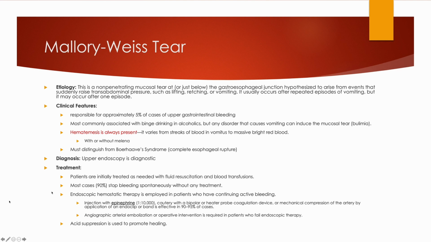So the most important thing you would do is always start with fluid resuscitation and start evaluating the patient before you start jumping to conclusions. Usually after we know that they have it, we put them on acid suppression like a PPI to help promote healing of the cut.